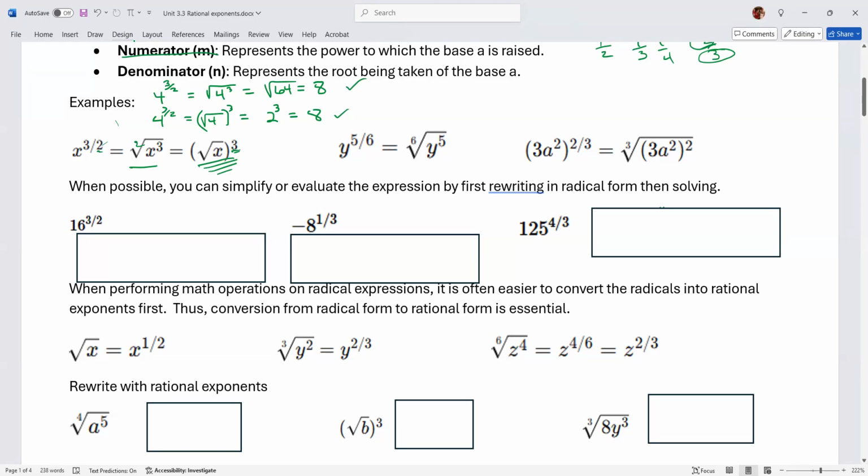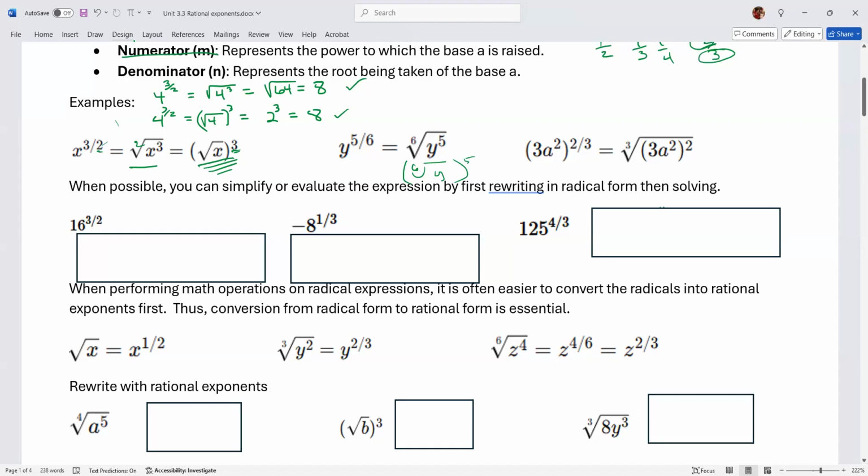So again, y to the 5/6, the sixth is the root, 5 is what you're going to raise it to. And again, this could also be rewritten as the sixth root of y, and then after you've taken the sixth root, you could raise it to the fifth power. Those are equivalent. Okay, and likewise, I'm not going to explain every one of those.